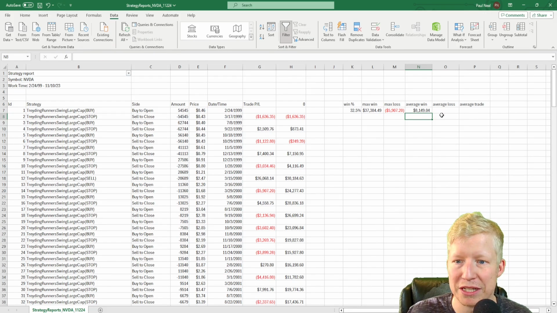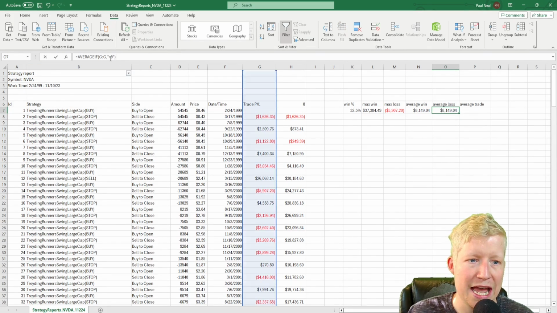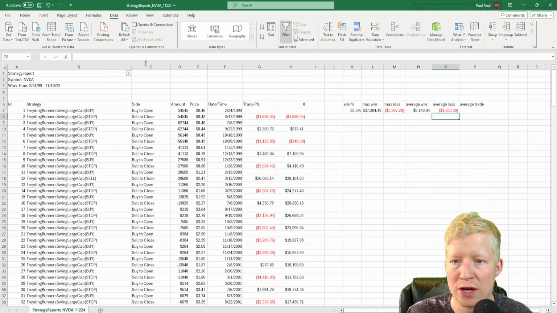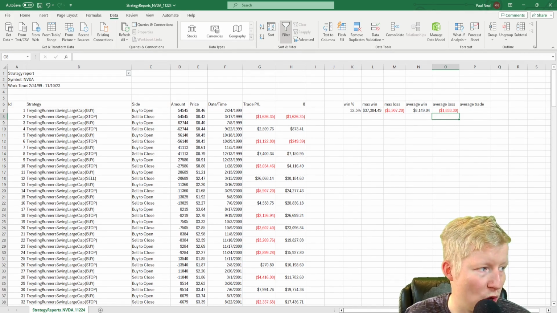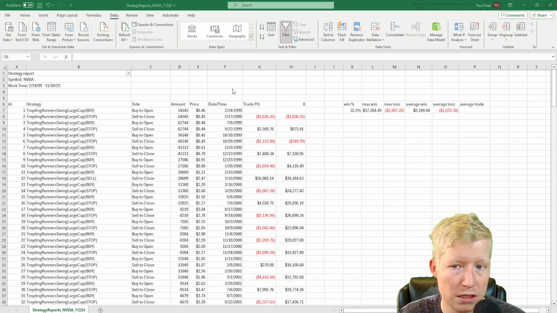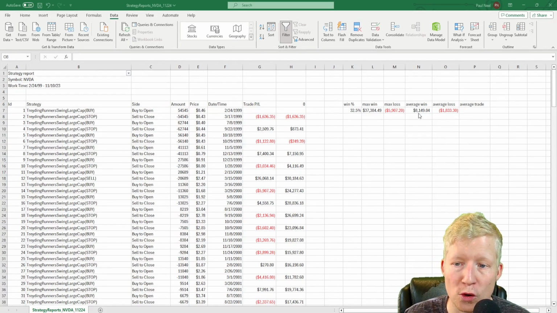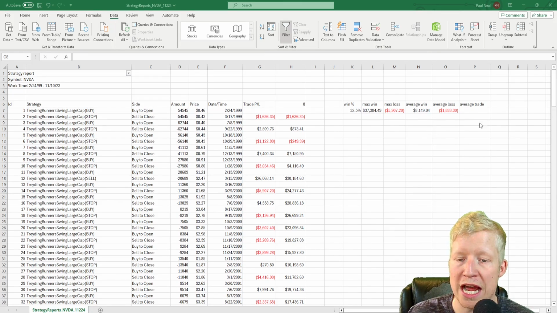Let's just go ahead and simply copy this, paste it in, and make it less than 0 instead. So your average, look at this strategy. Your average win is $8,149, and your average loss is $1,833. What's that? Over 4-to-1, nearly 5-to-1 risk reward on 32.5% win percentage. There's where your money comes from.